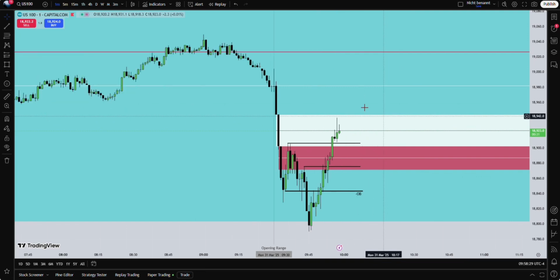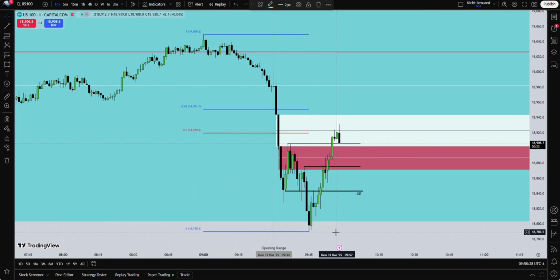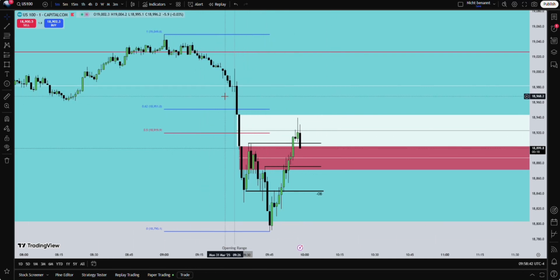So I'm only considering taking a short trade. And if it goes to the buy side and it starts to trade higher, it's fine with me. Then it will move along without me. So also very important to notice here, we are above the 50% level from this price leg.